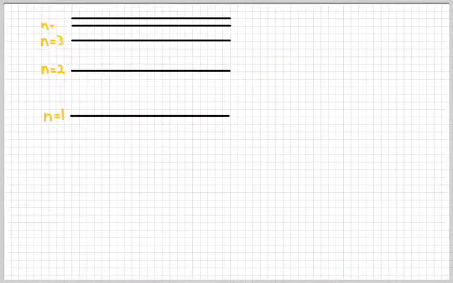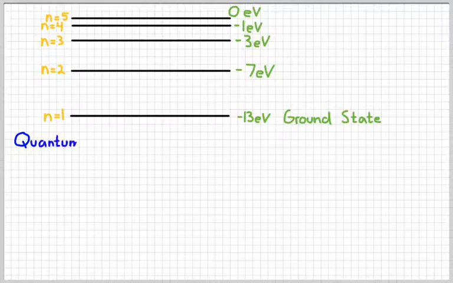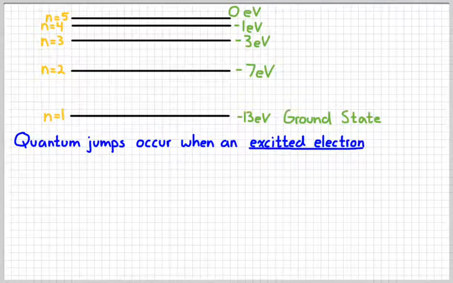So redrawing my diagram real quick. There's our ground state again. The big idea here is that quantum jumps, or transitions, occur when you have an electron that's been excited, for example because the atom has been heated up. So there's where the excited electron would be, in one of those excited energy levels.